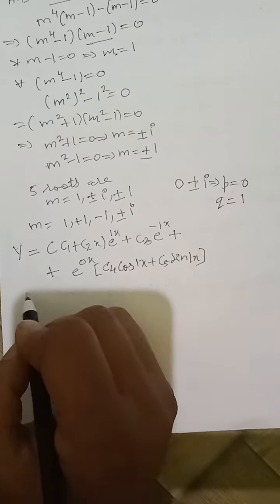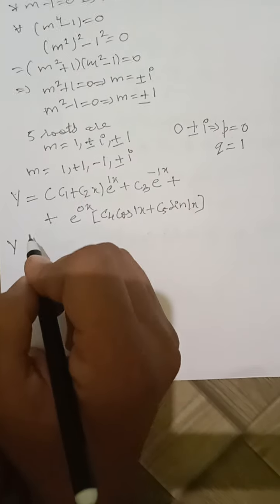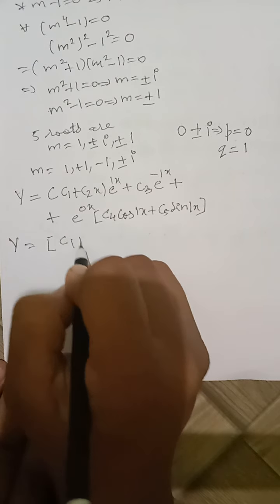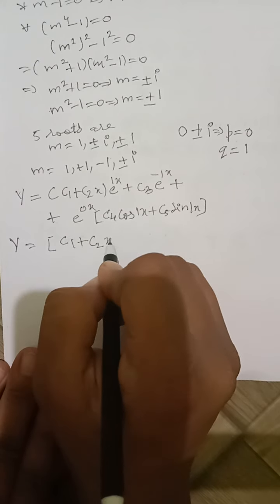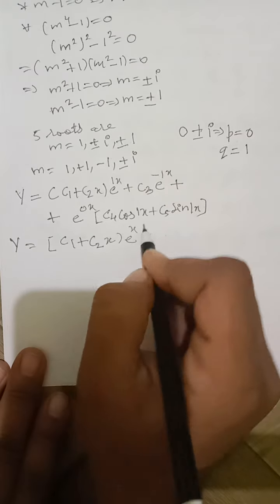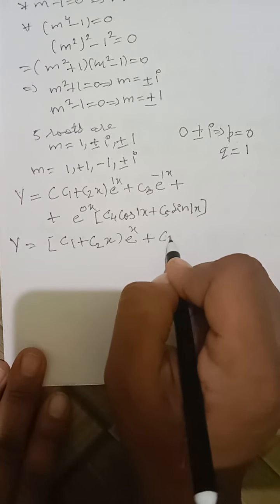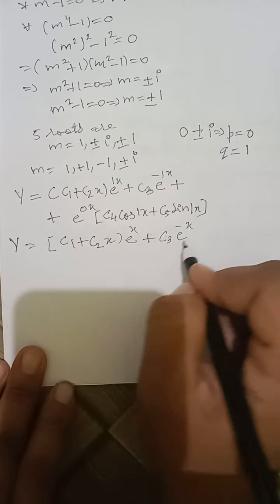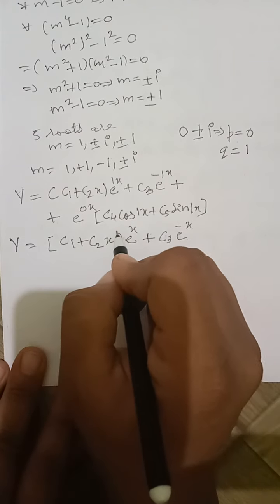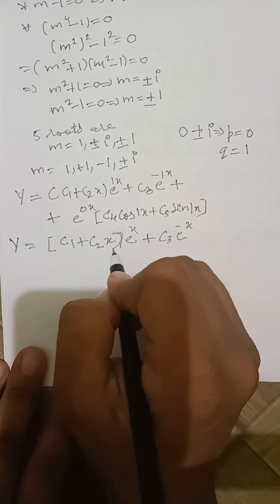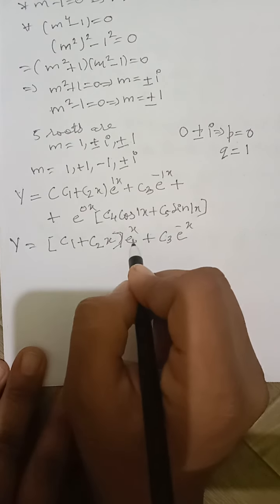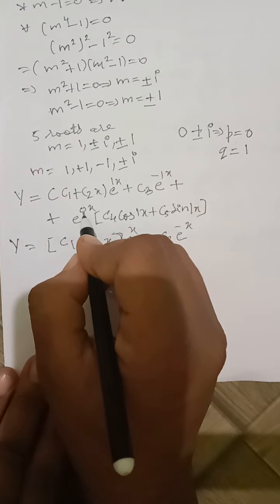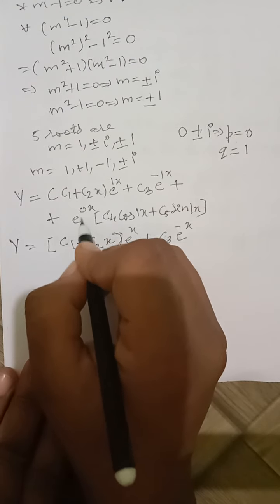So let us simplify and write the answer. y equals c1 plus c2 x into e raised to x plus c3 into e raised to minus x plus e raised to 0 into x, that is e raised to 0, which is 1.